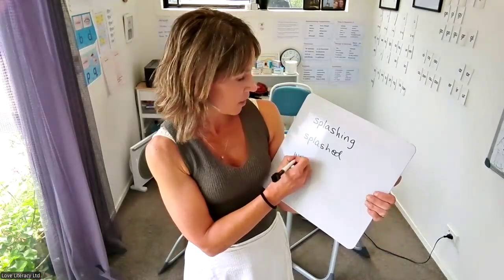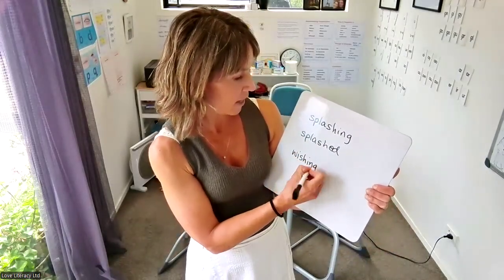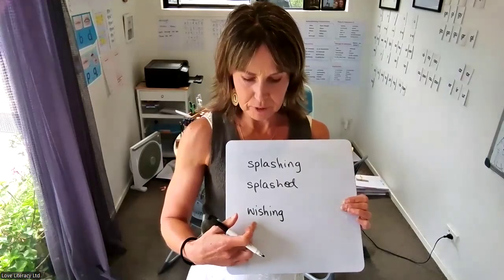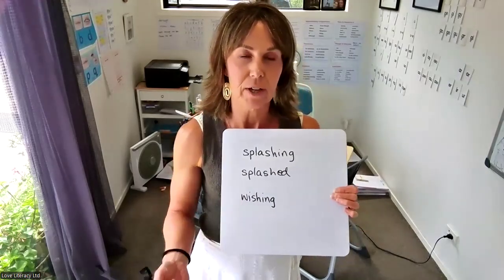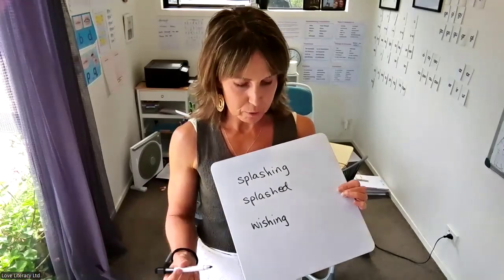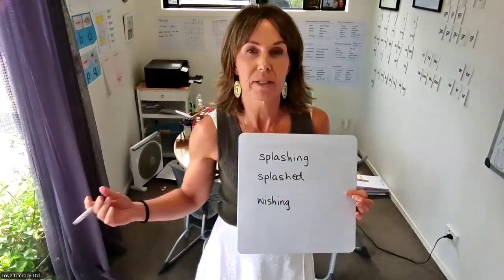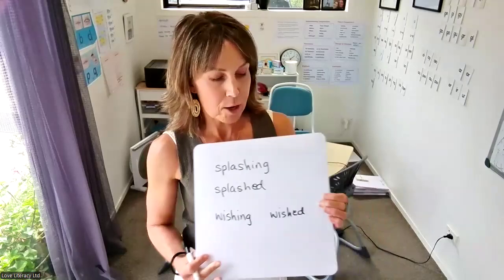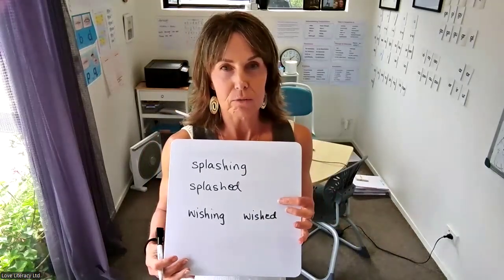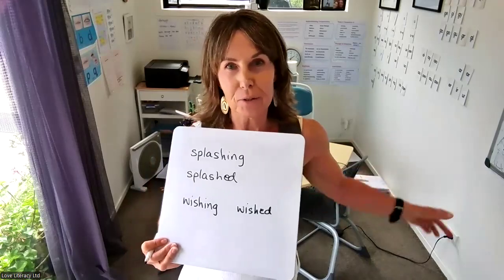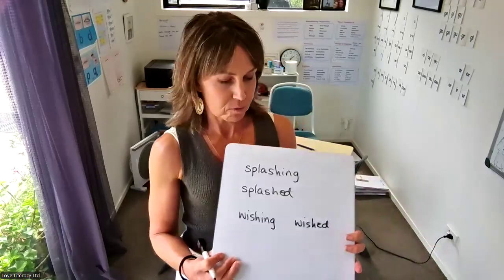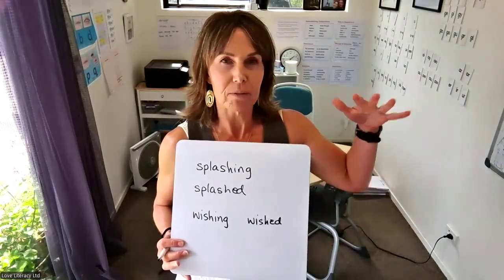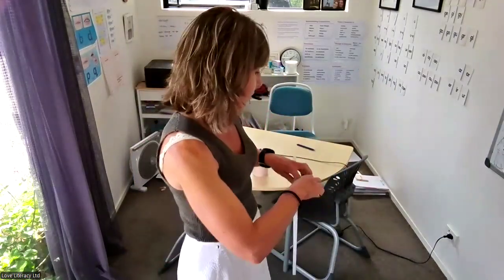With your younger learners, if you are able to, especially the high flyers, you can take your simple word there, wish, with that nice short vowel sound, and you can also add on your ing morphology straight away to indicate that something is happening right now, as in wishing and wished. Having the sh on the end of the word is great. We don't need to worry about doubling or any of those other morphological rules that come in, so it lends itself to being able to provide a little bit more of that level up with reading and writing.